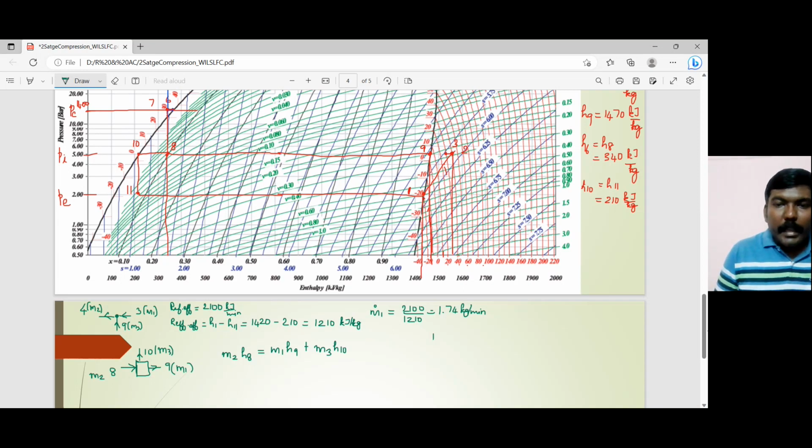What we know is M1 is M2 minus M3, so we can substitute M3 as M2 minus M1, times H10. So it is M2 times (H8 minus H10) equals M1 times (H9 minus H10).